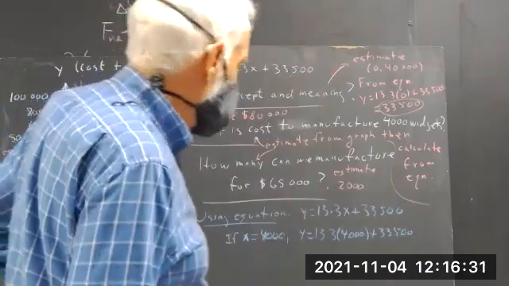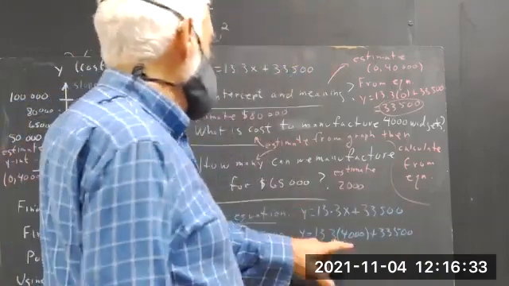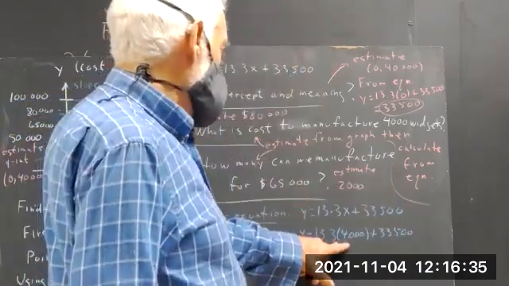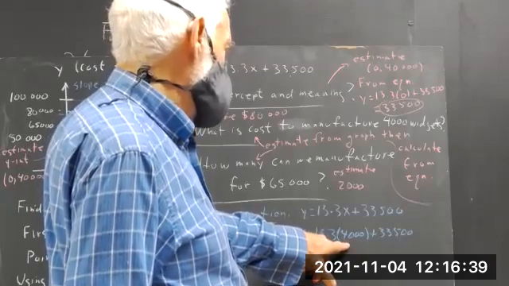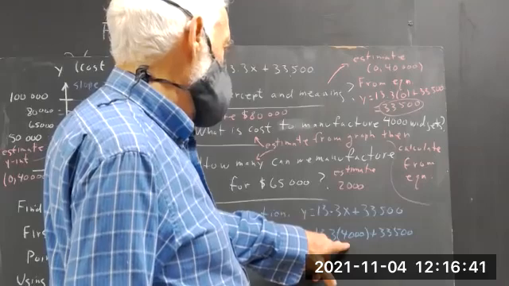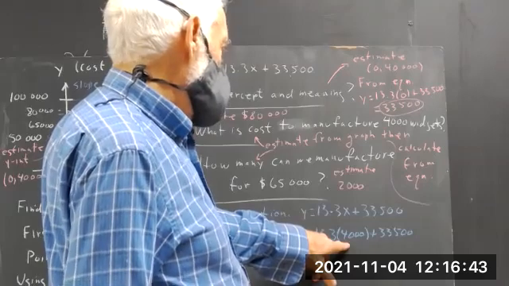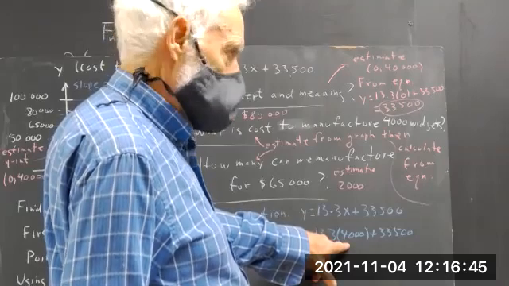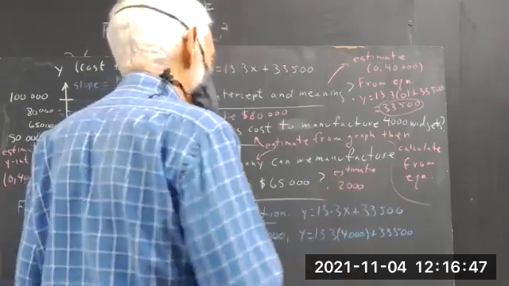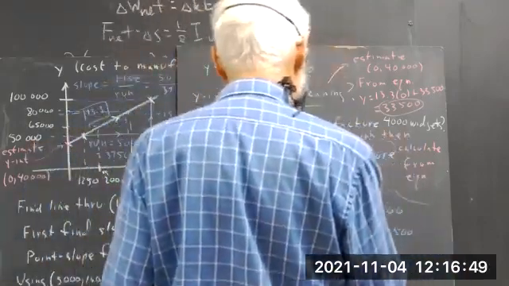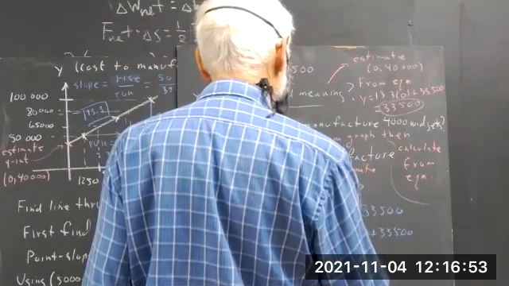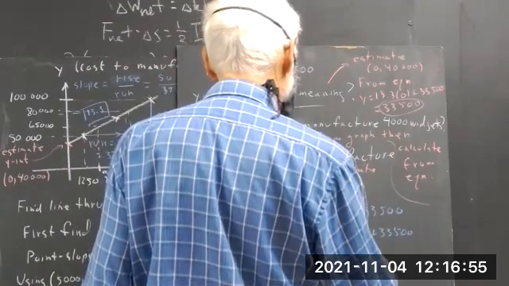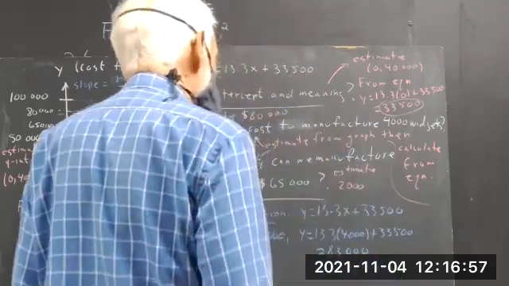Okay, and that's going to be 40,000 plus 15... Kind of close to 83,000.